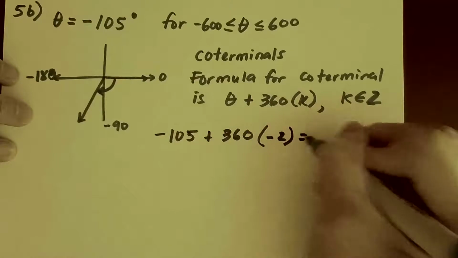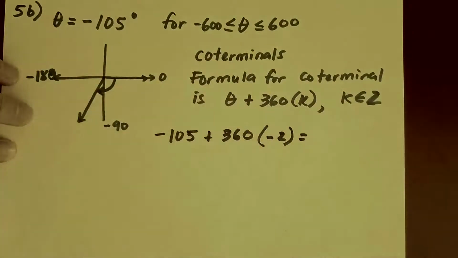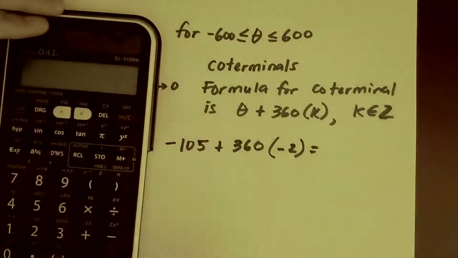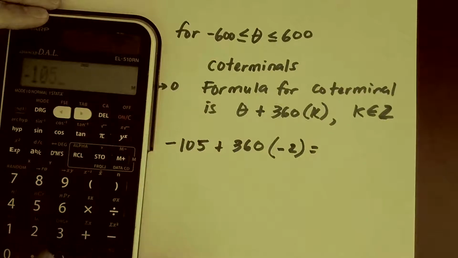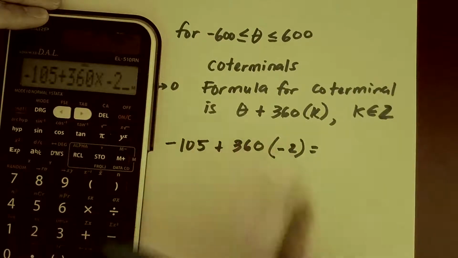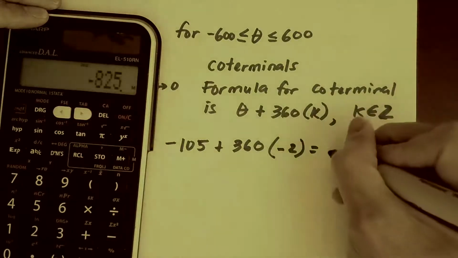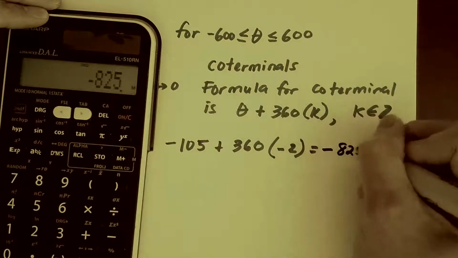Let's see what that is. That means going around 2 full circles in a negative direction. So I'm going to get negative 825 degrees.